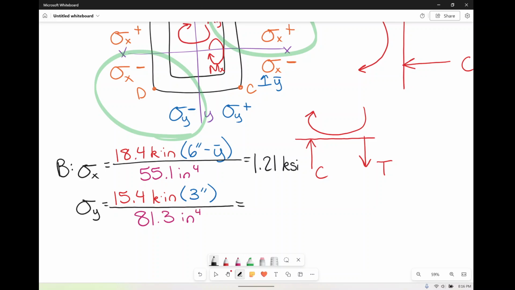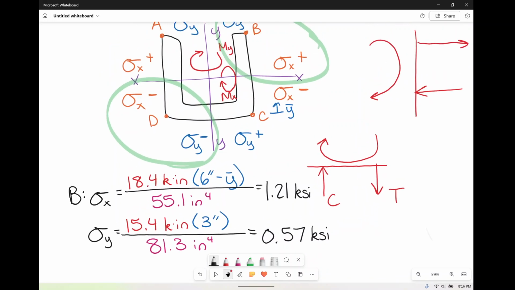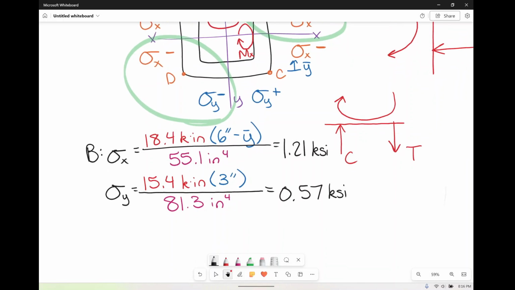And what we're going to get is 0.57 KSI.